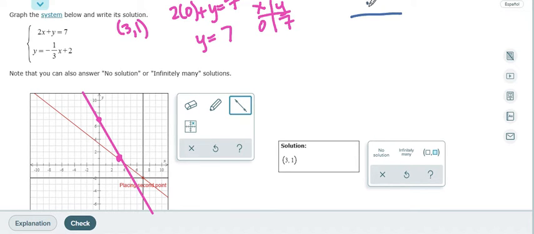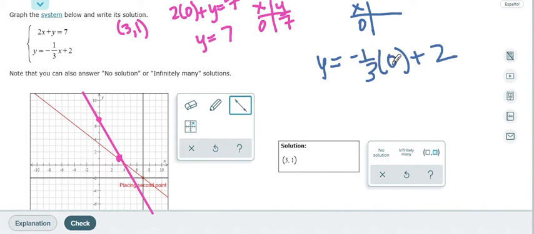So my x value is 0, and then hopefully I'll write it out really quickly. Negative 1/3 times 0 plus 2. So this just goes to 0, and y equals 2. So now I've got my second point, 0, and then I go up 2. And then this is the other point. So I go through those two.